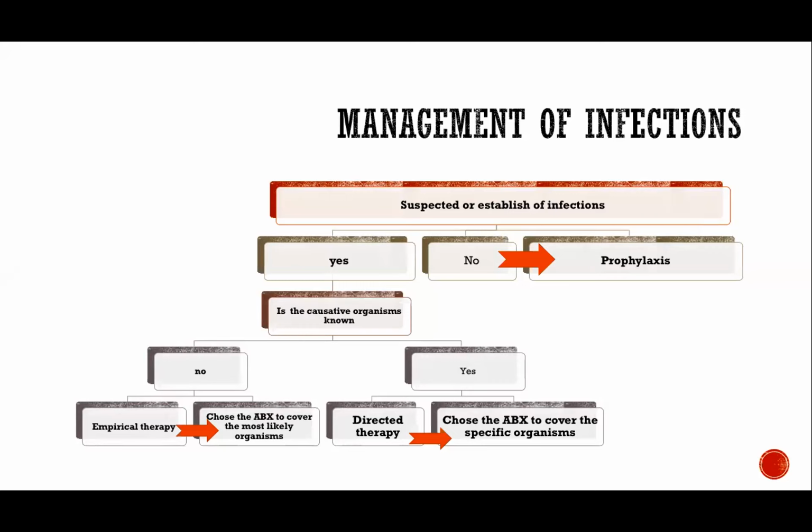Sometimes we choose a broad spectrum after identification, because the organism may only be sensitive to a broad-spectrum antibiotic. But other times we choose the narrow spectrum as much as we can, following the principle of targeting the bugs.